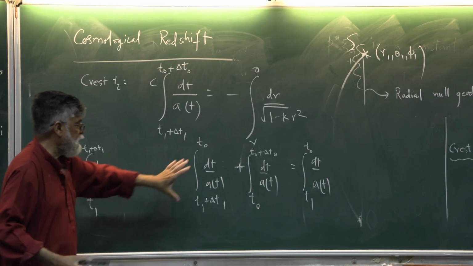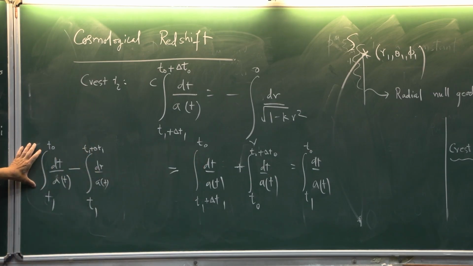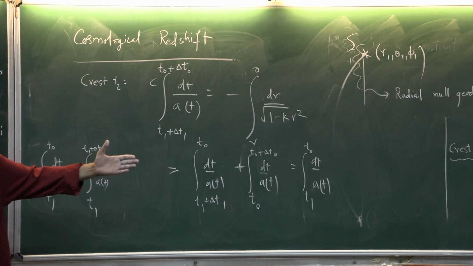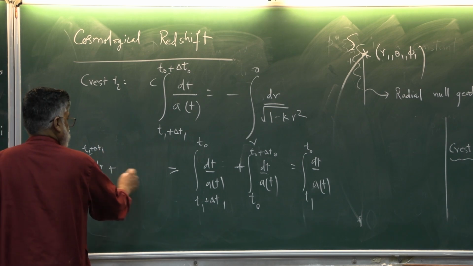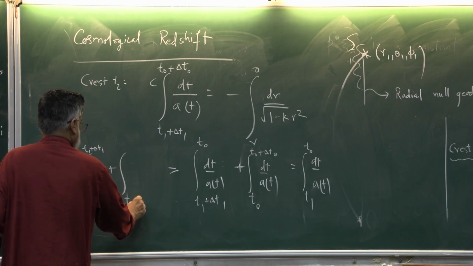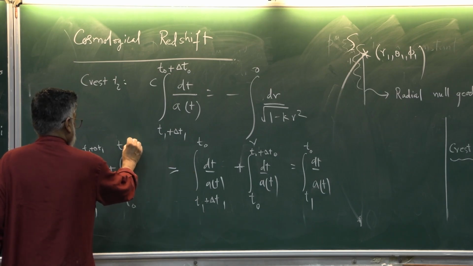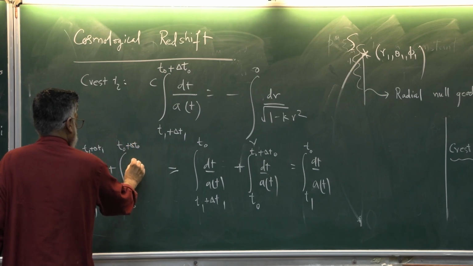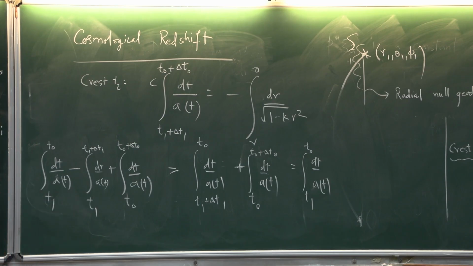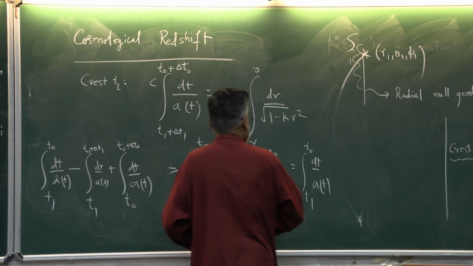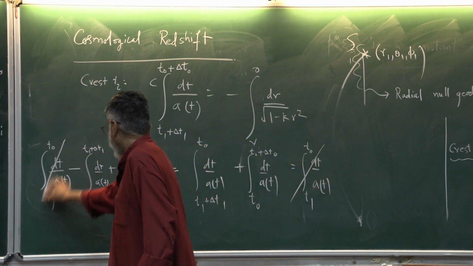This piece is the same as this, because this integral from T1 to T0 can be written as T1 to T1 plus delta T1 plus T1 plus delta T1 to T0, and therefore I have to subtract this, and then plus. But now the magic: this quantity and this quantity get cancelled. So this cancels with this, and we have the result.